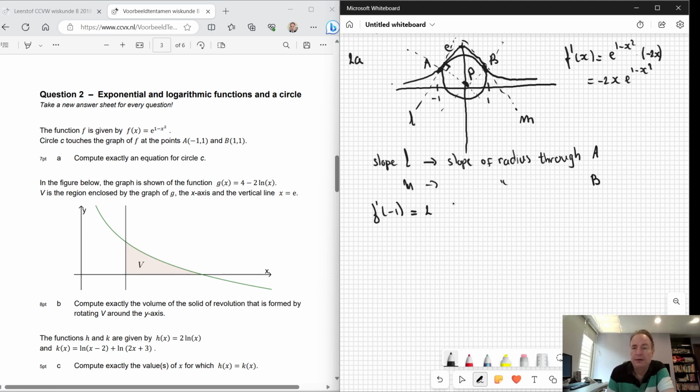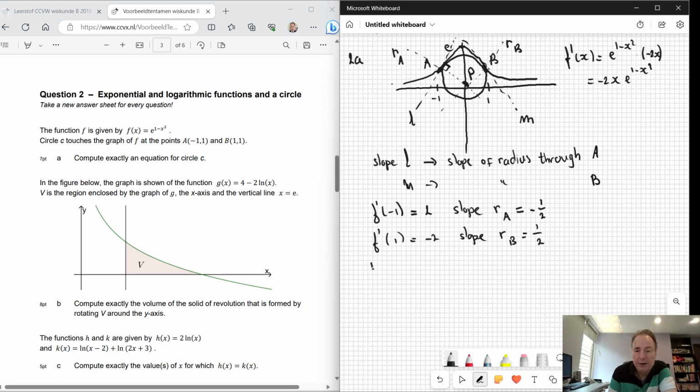So let's call this line RA, and this line RB from radius B. So the slope of the line RA equals then minus 1 over 2. And f prime at 1 is negative 2. So the slope of radius B is 1/2.